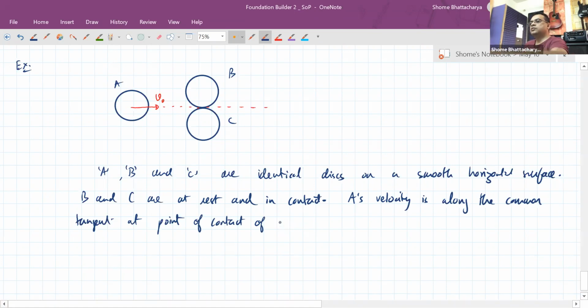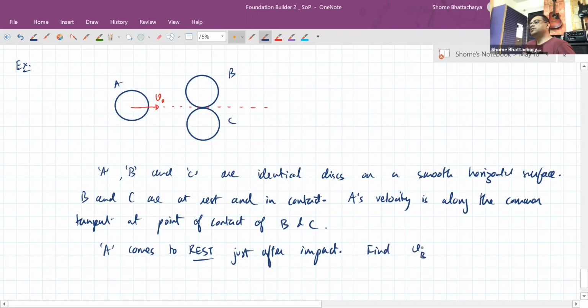Now it is observed that A comes to rest immediately after impact. Okay, A comes to rest just after impact. So find the velocities of B and C.